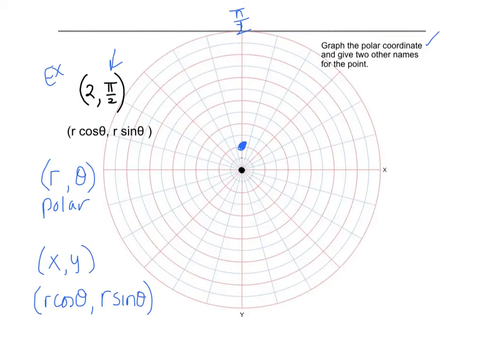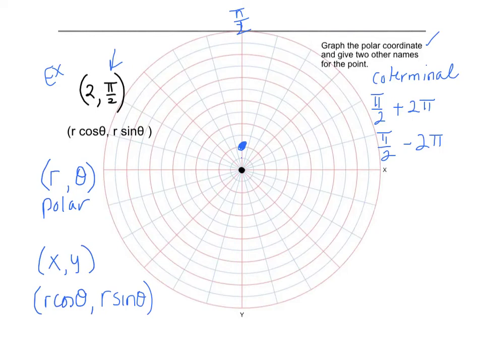Well, one way that you could do this is to use a coterminal angle. Find another angle that's coterminal with pi over 2. To find a coterminal angle, remember that the easiest way to do it, because there's an infinite number of them, is to take your number and add 2 pi to it. Another way to do it would be to subtract 2 pi from it.